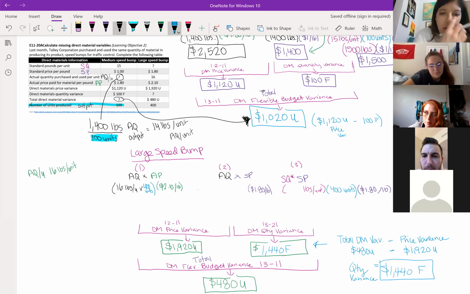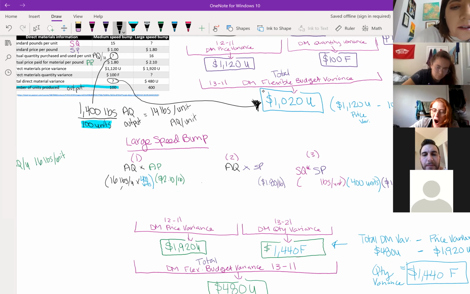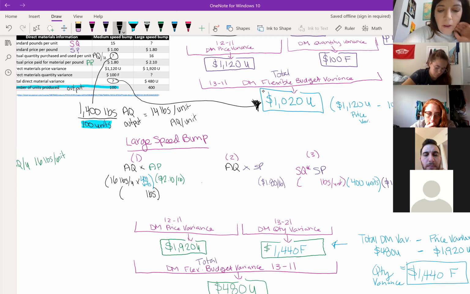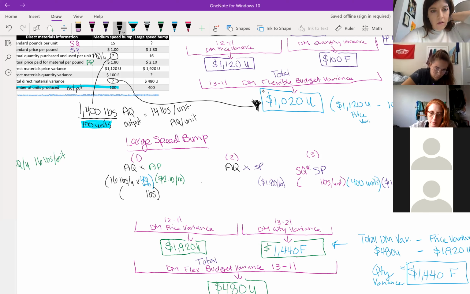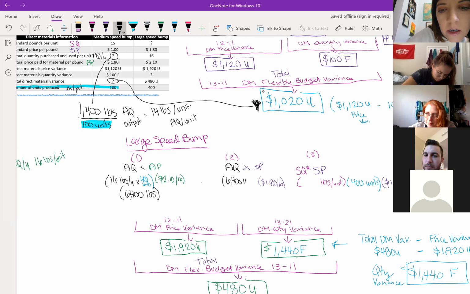When you take 16 pounds per unit times 400 units produced, this is going to give you your actual quantity, which is going to remove the units and get you to pounds. So how many total pounds did they use? 6,400. 6,400 pounds. So I can plug the 6,400 pounds in here.